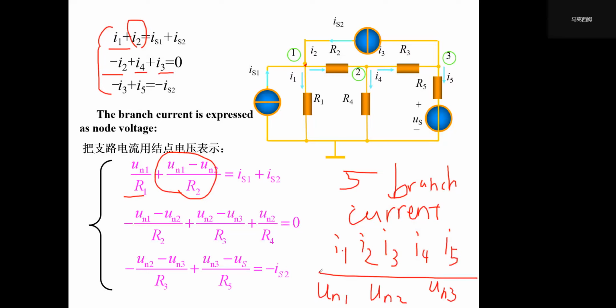So in order to solve 5 unknown variables, now we only have to solve 3 unknown variables, right?